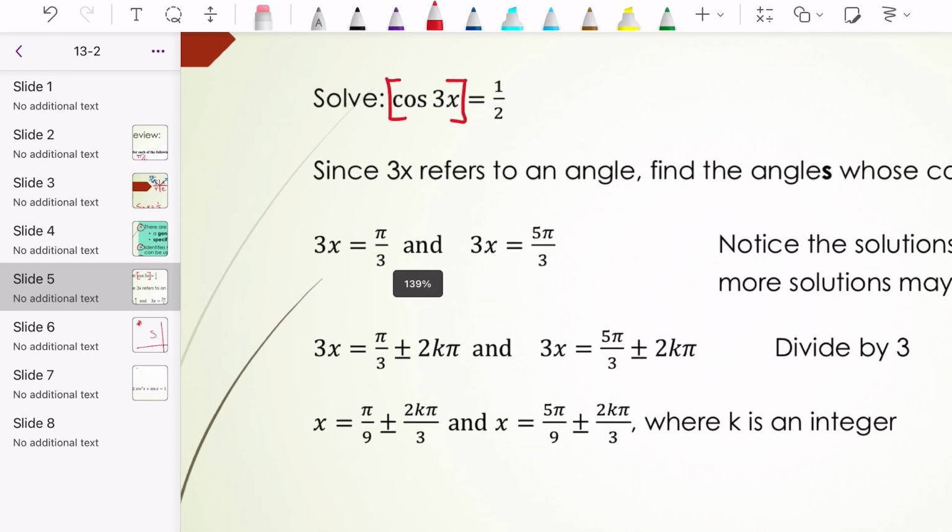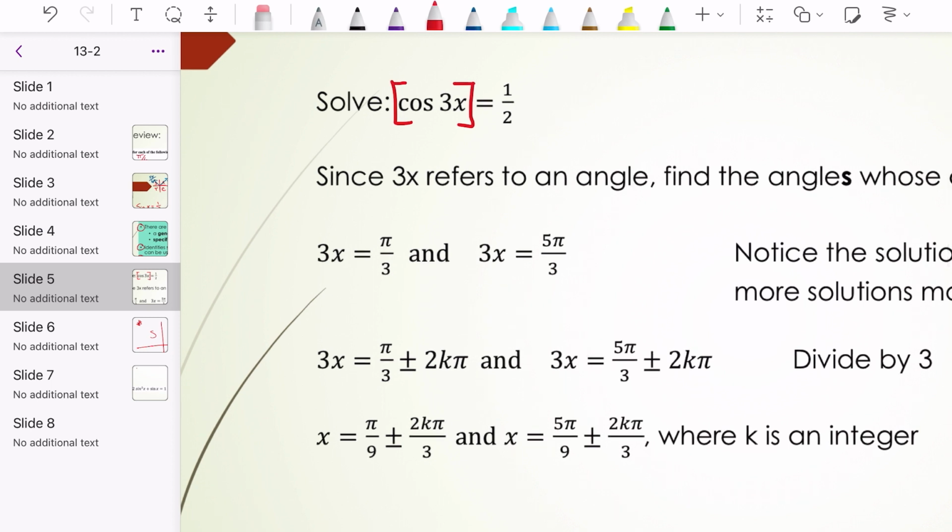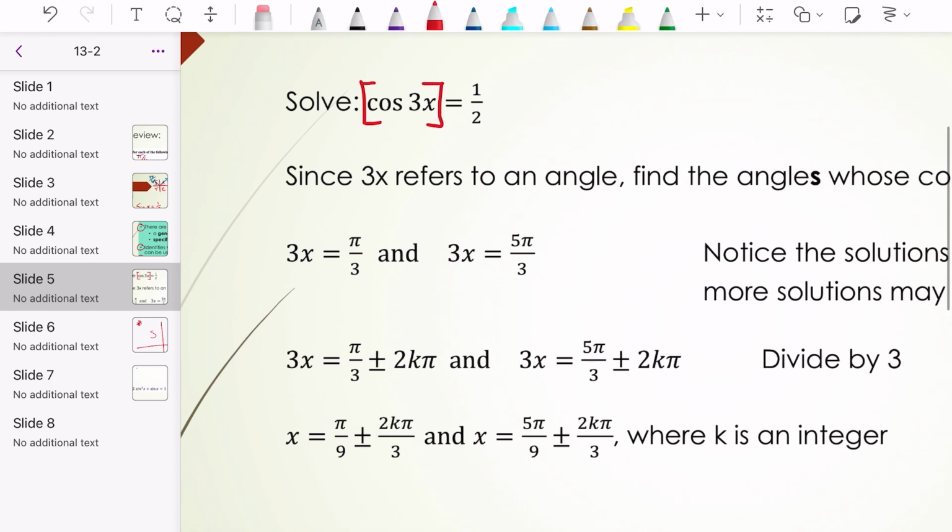With us being at pi over 3, we would set the 3x, or our theta, and whatever number is attached to it, equal to pi over 3, and we would find its other number. Keep in mind, all students take calculus.